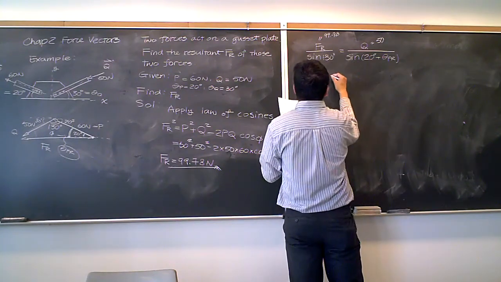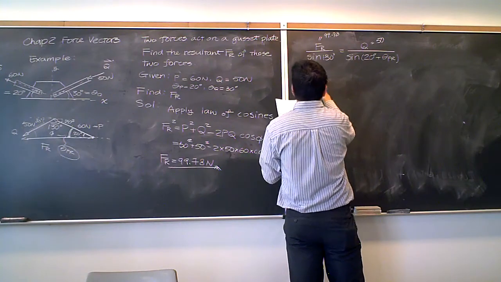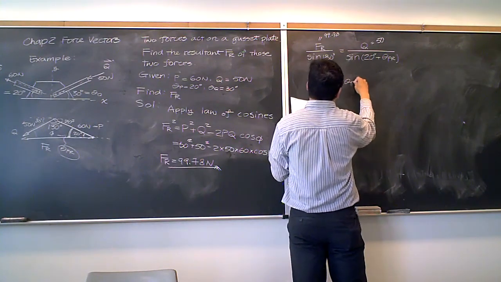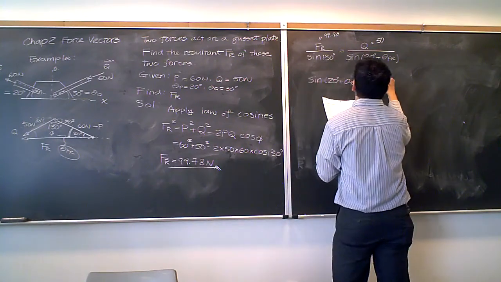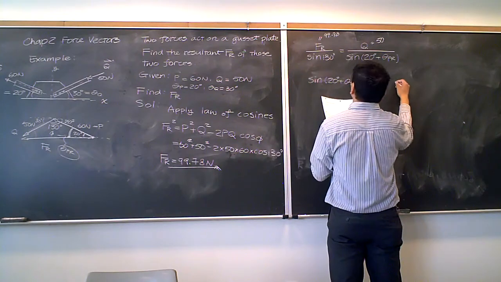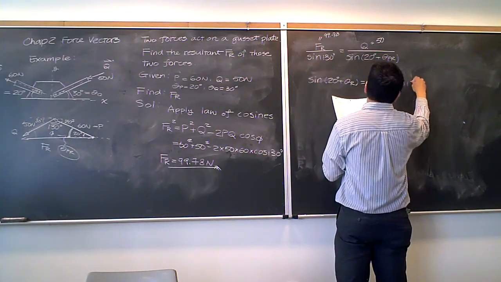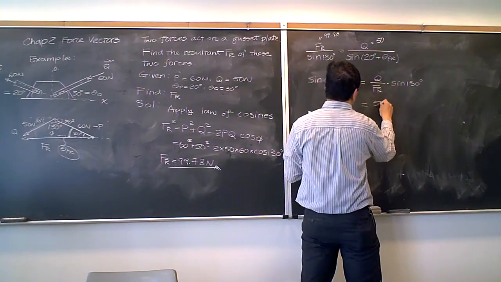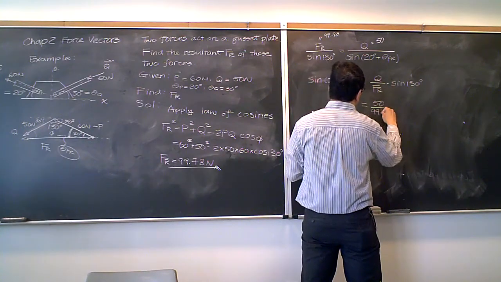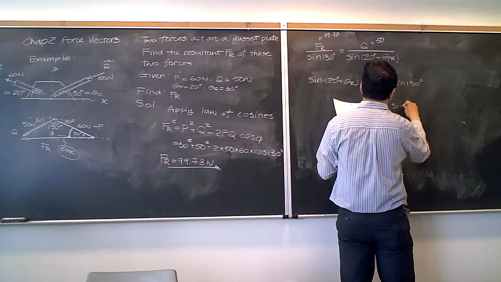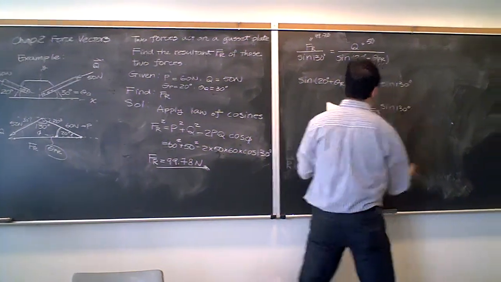So sine of 20 degrees plus theta FR is going to be Q over FR multiplied by sine 170 degrees. This is going to be 50 over 99.78 times sine 180 degrees.